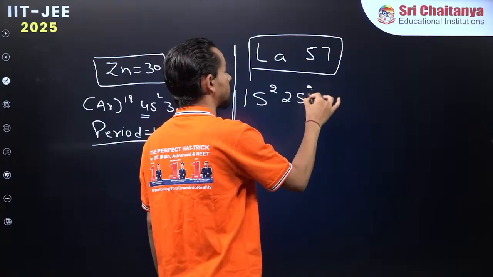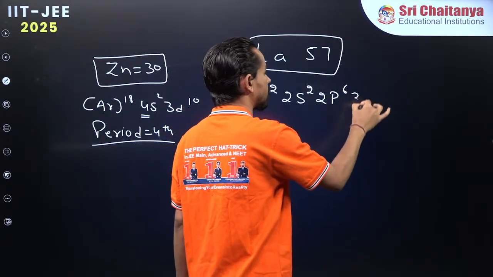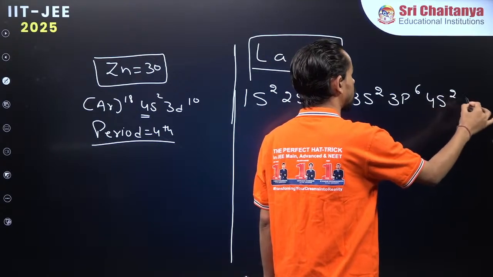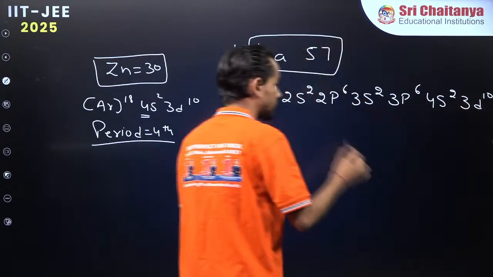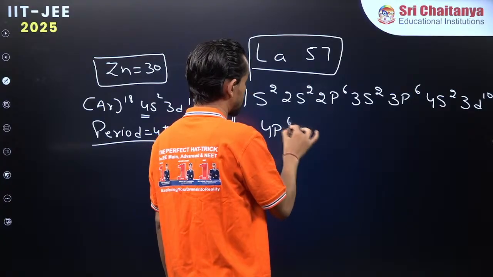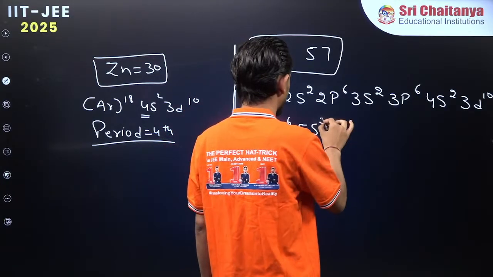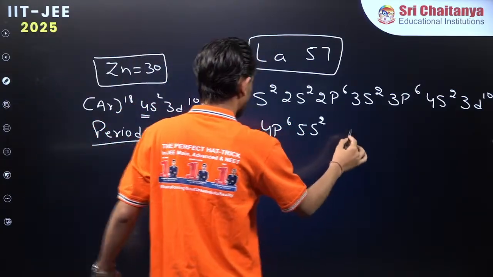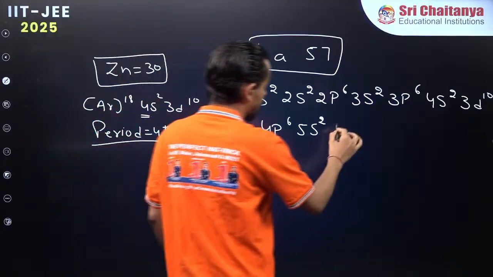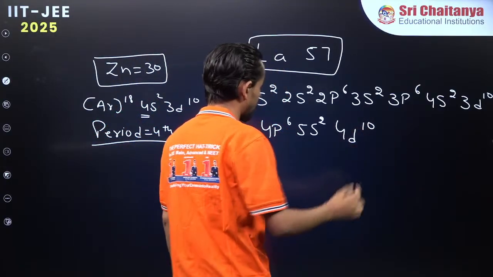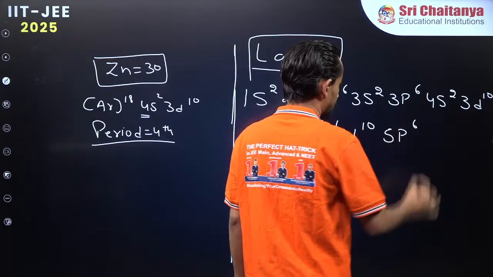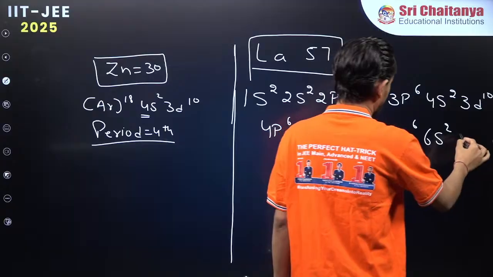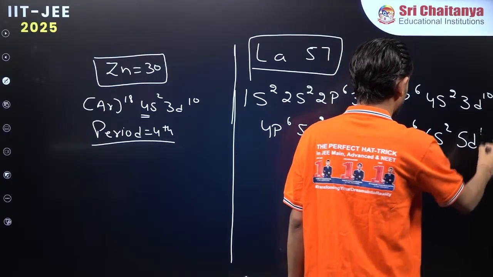1s2, 2s2, 2p6, 3s2, 3p6, 4s2, 3d10, then 4p6, 5s2, sorry, mistake, then it is 4d10, then 5p6, then 6s2 and 5d1.